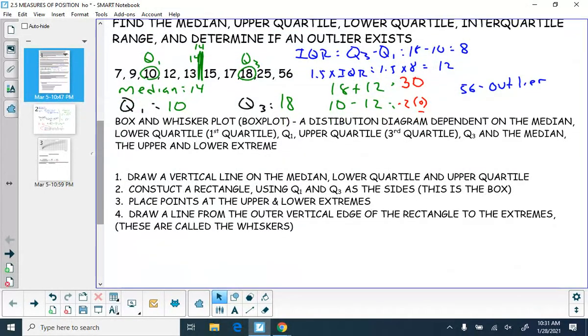It's a distribution curve depending on the median, lower quartile, upper quartile, and the upper and lower extremes. We have something called a 5-number summary.